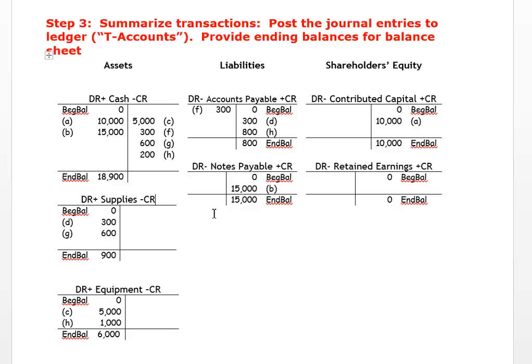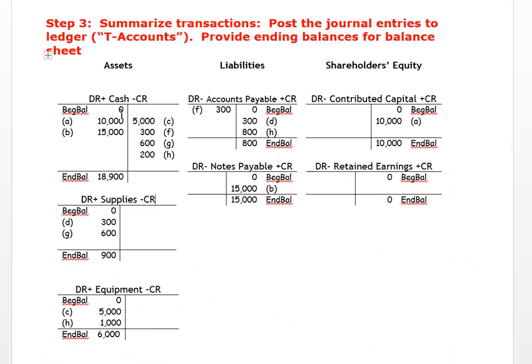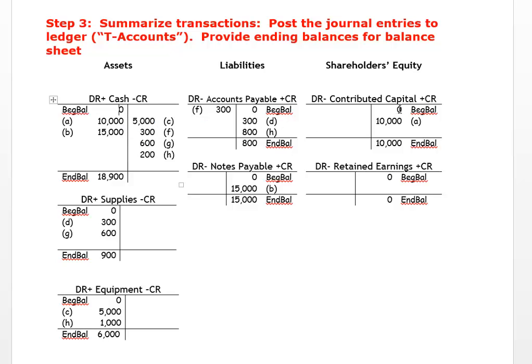So let's go back and have a look at everything that we did on those transactions. You remember here, this first transaction, cash went up. It went up on the left, and left meant debit, and contributed capital went up on the right, and right meant credit. So all we want to do now is say, well, our beginning balance, BEGBAL means beginning balance, was 0. So was it for contributed capital. It was 0.